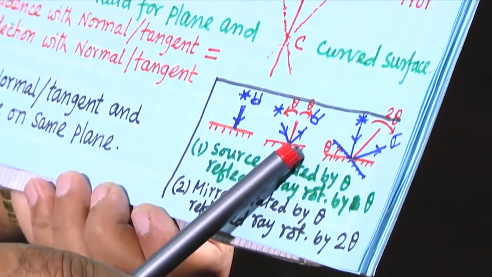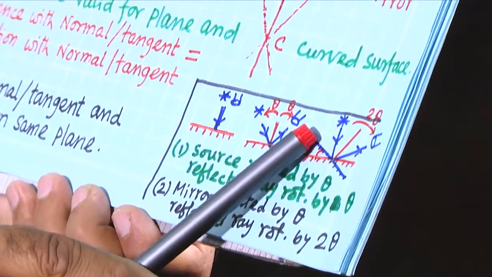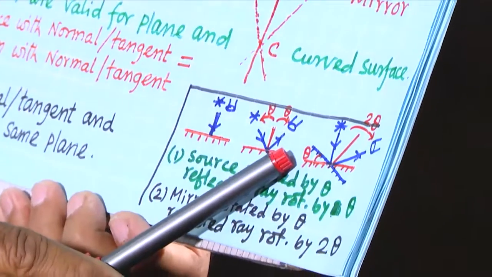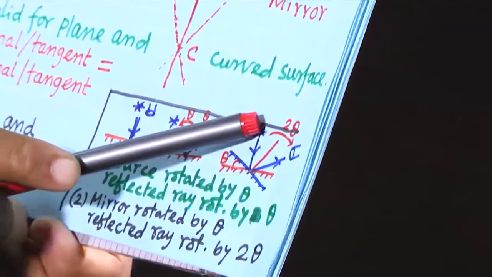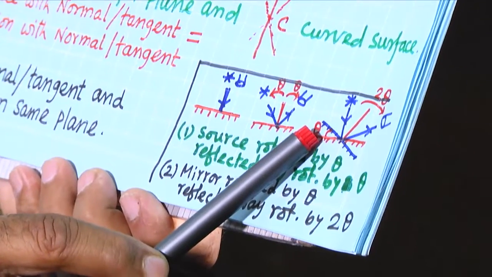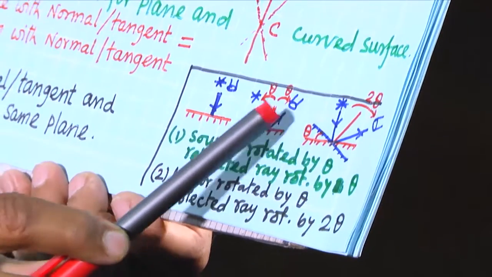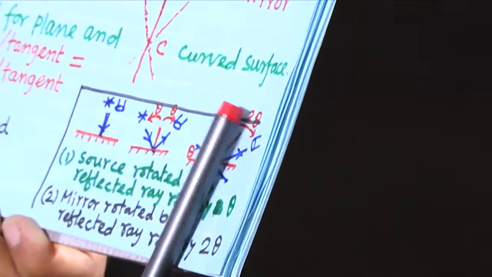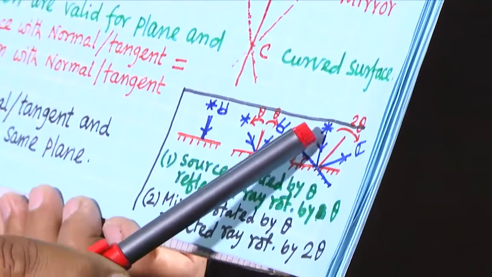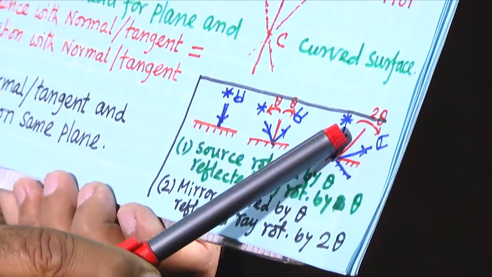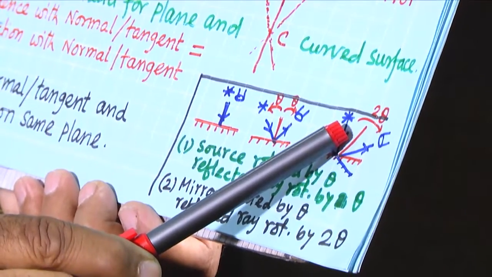If I rotate the mirror by angle theta, the source is at the same position. Now the normal to the mirror will also rotate by theta. That means the incident angle with the mirror will be theta, right.